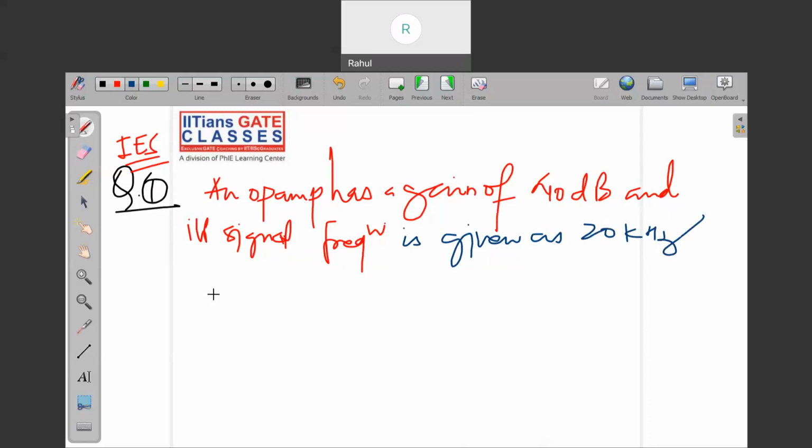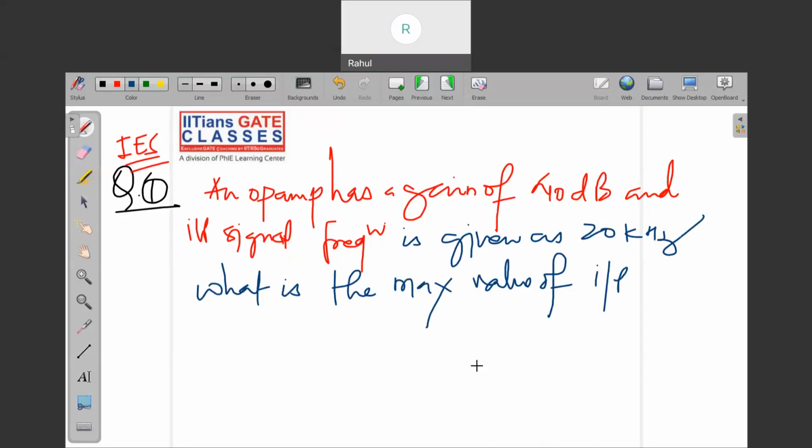In the question they have asked what is the maximum value of input for undistorted output.